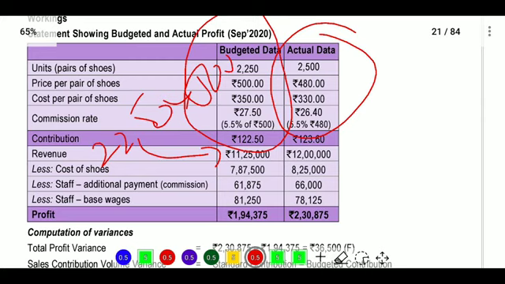The cost of shoes is 350 rupees, 350 into 2,250. Staff additional payments, their commission, is 27.5 into 2,250, that is 61,875, and less staff base wages, 81,250. This is the budgeted profit.